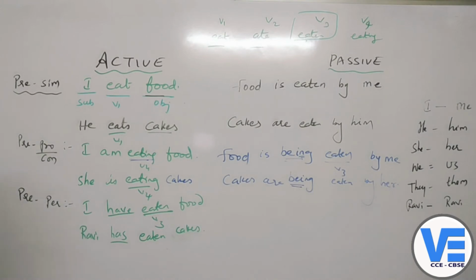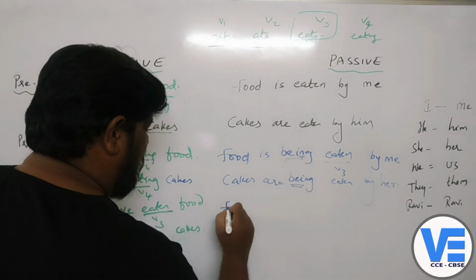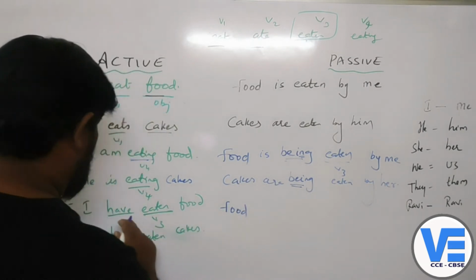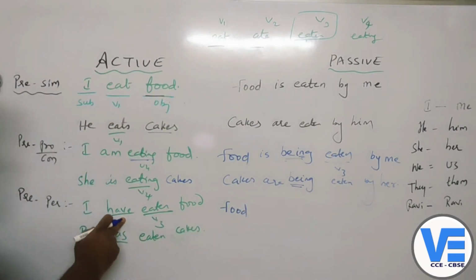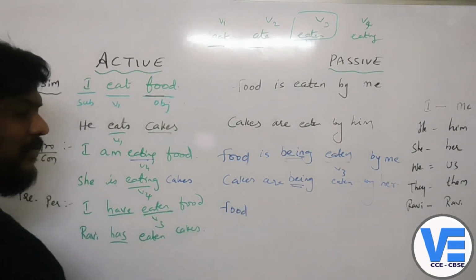Okay. So now, what is the passive voice here? I have eaten food. So already you know that food. Because the helping verb is have here. What we have to use here? Have or has.